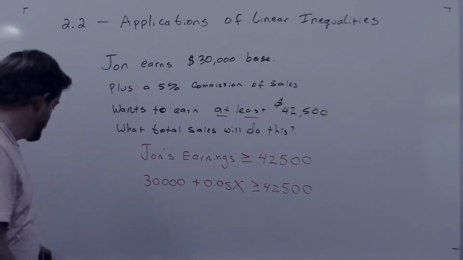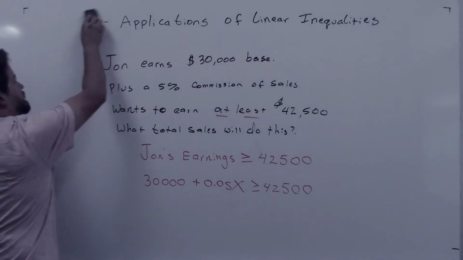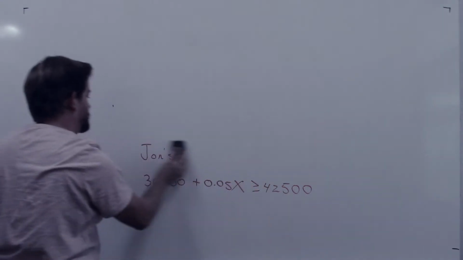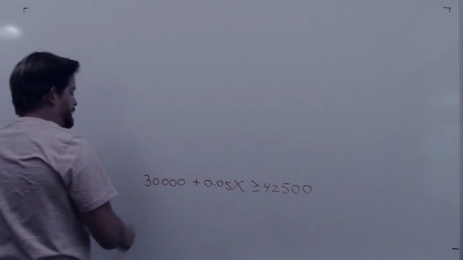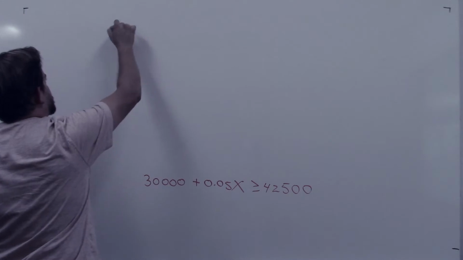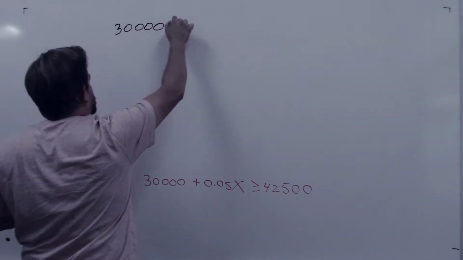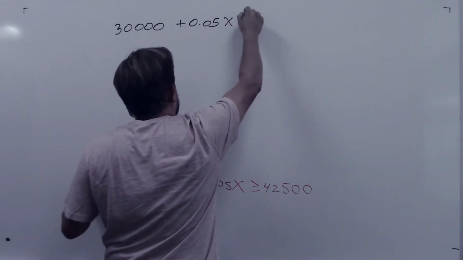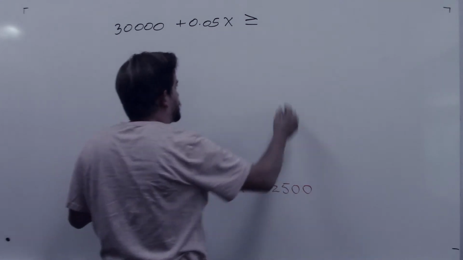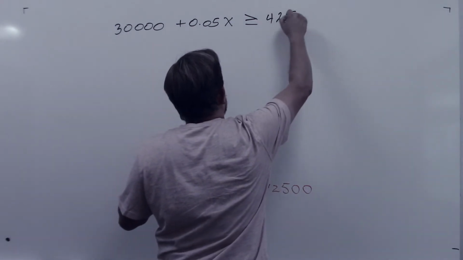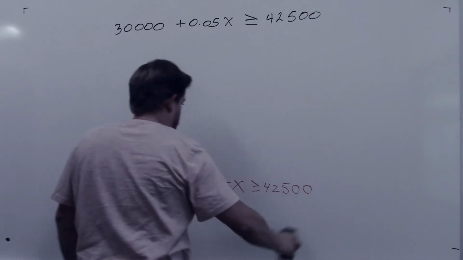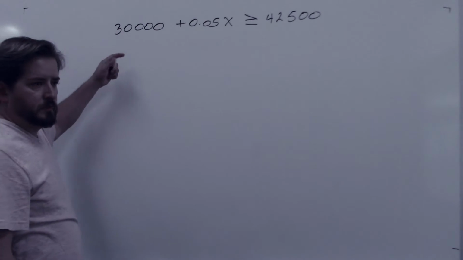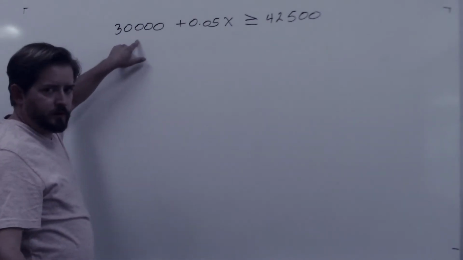I'm going to go ahead and erase this so that I have some room to work here. This tells me that I've got 30,000, I'll just rewrite this up here, 30,000 plus 0.05x, the 5% of his sales, needs to be greater than or equal to 42,500. And we treat this like we've done with all of our inequalities up to this point.